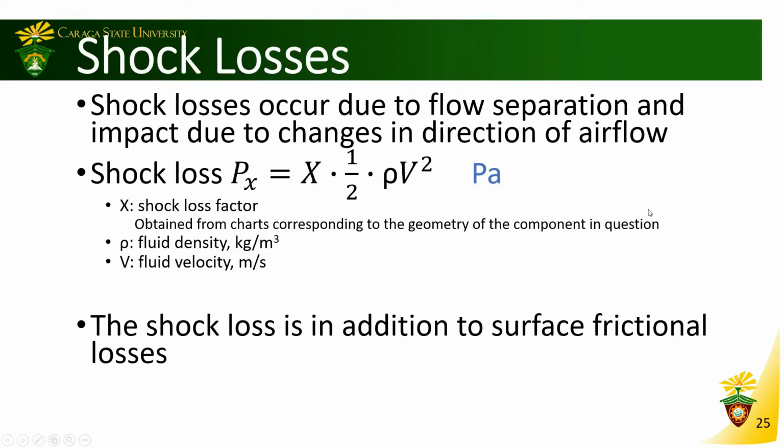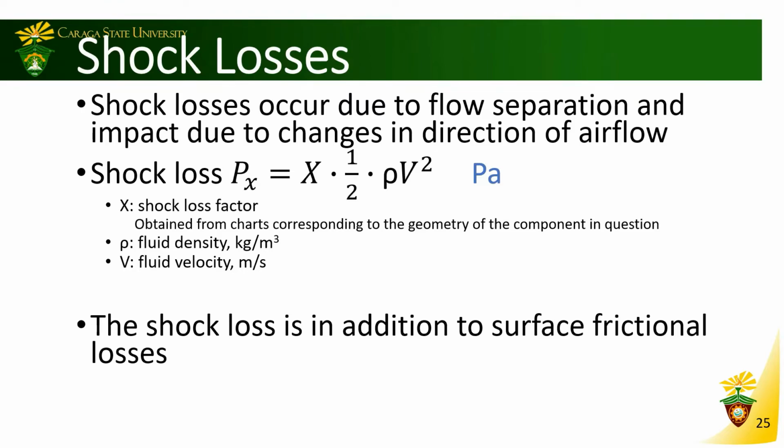Okay, we now proceed to shock losses. Shock losses occur due to flow separation and impact due to changes in direction of an airflow. So the equation for shock loss is equal to x times 1/2 times rho v squared. And x is the shock loss factor. This is obtained from charts corresponding to the geometry of the component in question. Rho is the fluid density in kilograms per cubic meter, and v is the fluid velocity in meters per second.